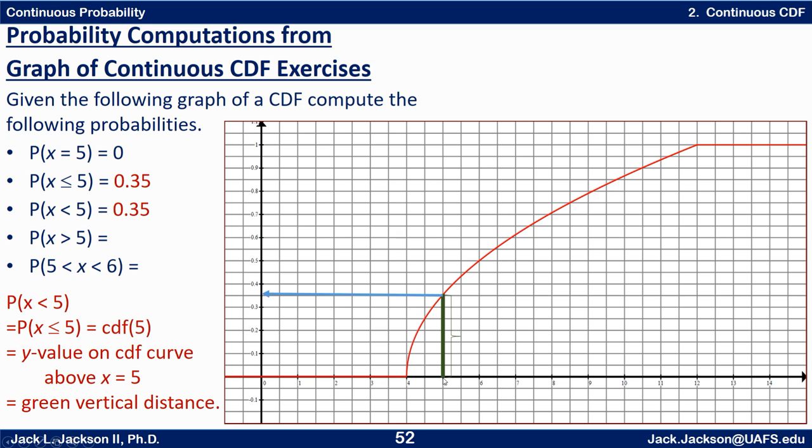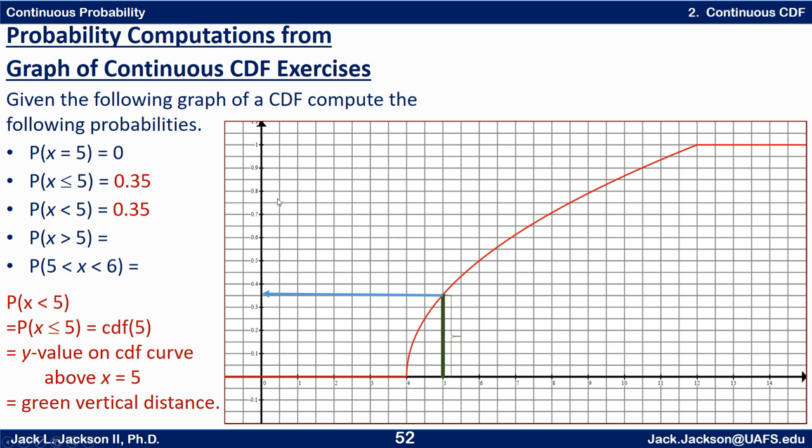You find 5 on the x-axis. This is a less than or equal to, or left, probability. That's just the y value. So you take that 5, go up and find the point on the graph, go across and see what the corresponding y is, and it looks like it's about 0.35.